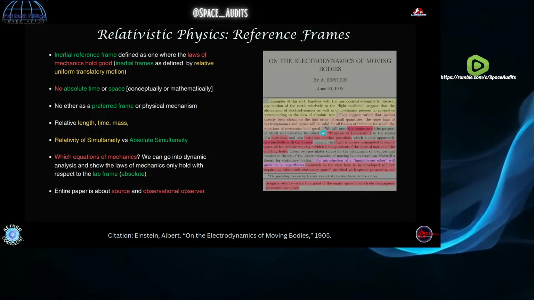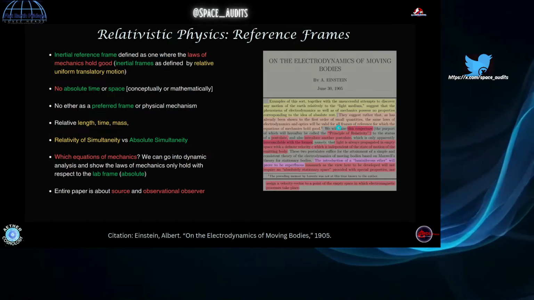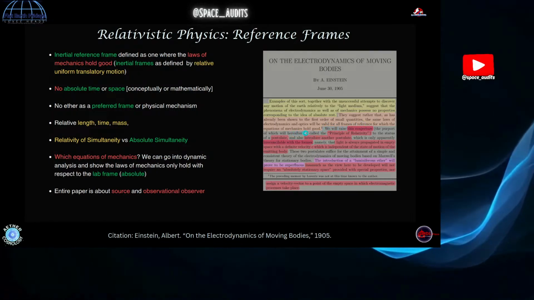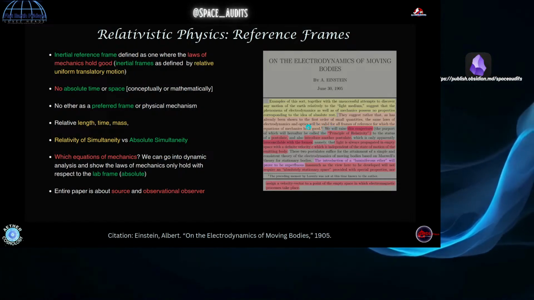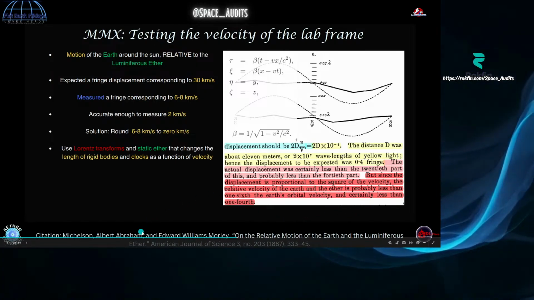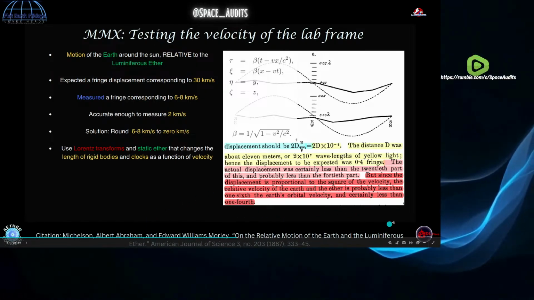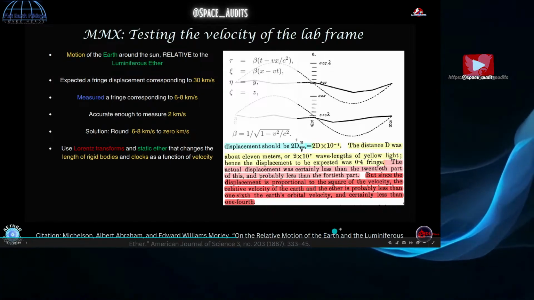Because remember, we're not going to be using fictitious frames or anything absolute here. We need to keep everything with respect to where the measurements are being made, because on the relative motion of the Earth in the luminiferous ether, well, we're removing the ether component, and now we're on relative motion. So, on the relative motion of what?